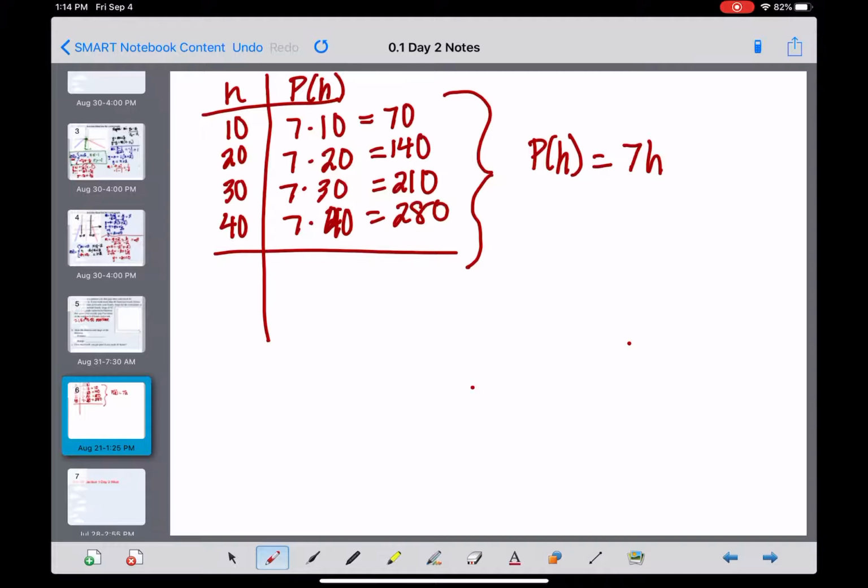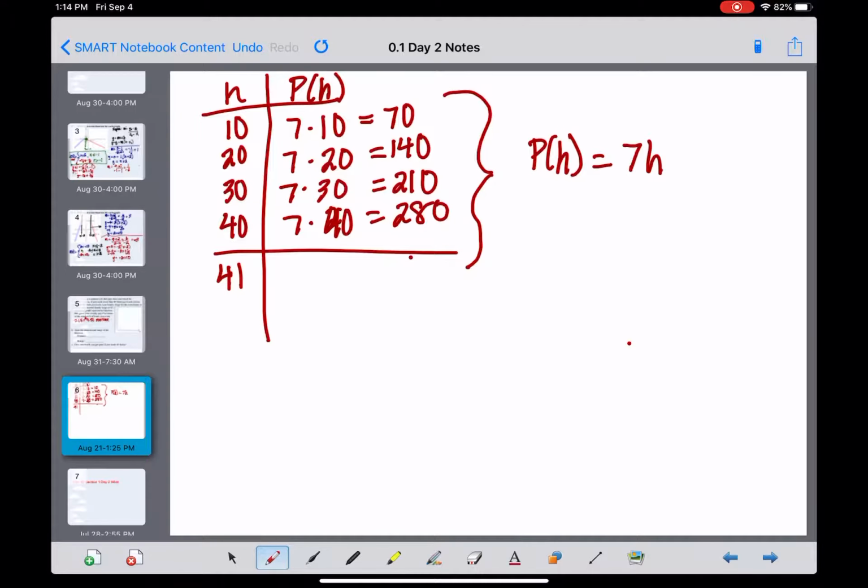Okay, the reason this is a piecewise function is because it gets a little bit more complicated when I'm trying to find how much I get paid if I've worked 41 hours. Now remember, I get paid $10.50 for every overtime hour. Just because I worked 41 hours doesn't mean I get paid $10.50 for all 41 hours. I get paid the $7 an hour for the first 40 hours, and then that one additional hour, I get paid $10.50.